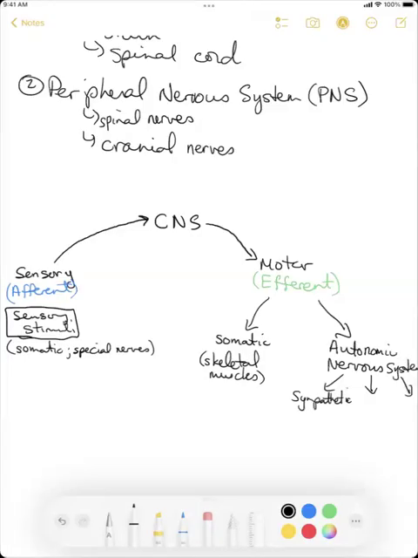This is also referred to as the fight or flight response. There is the parasympathetic. I need to make this arrow longer so that I can actually write this parasympathetic. This is the rest and digest.